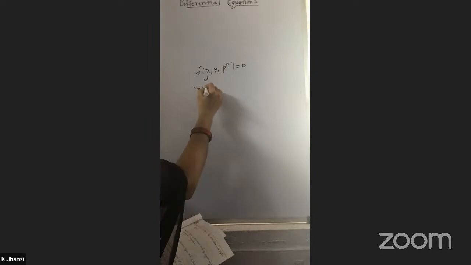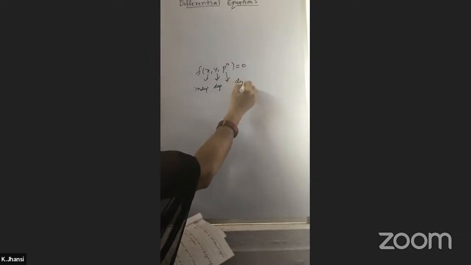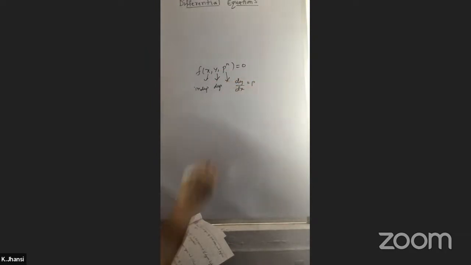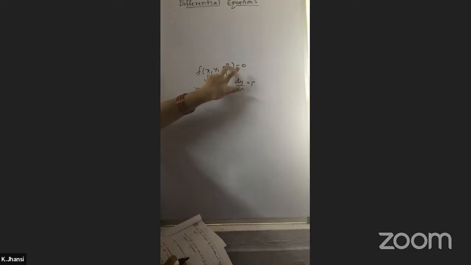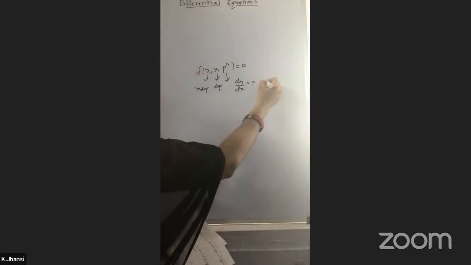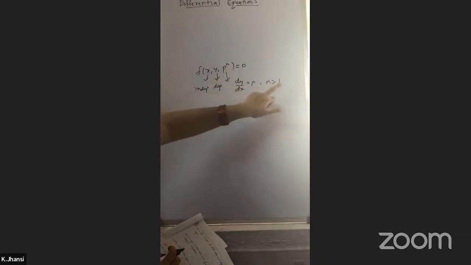Yesterday we saw that y is the dependent variable, and p is the value dy/dx. Here n is always greater than 1.